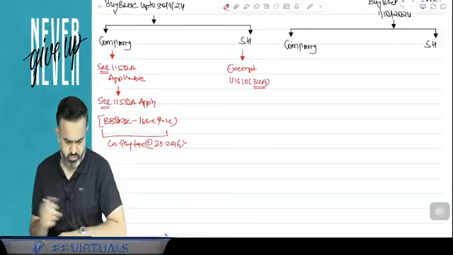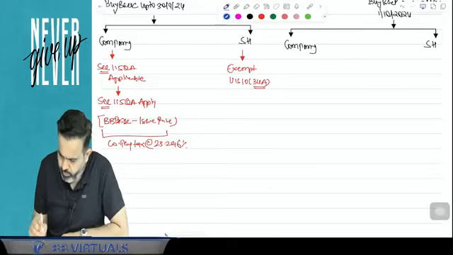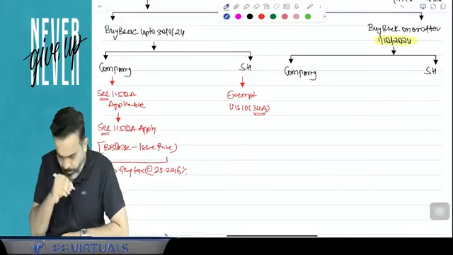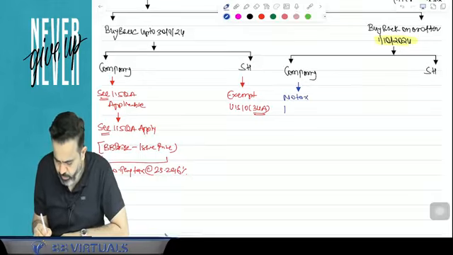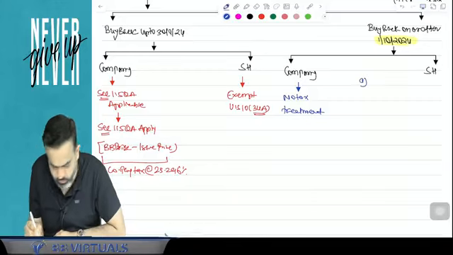Now guys, in the hands of the company, what will happen in case of a buyback on or after 1st October 2024? So for a buyback on or after 1st October 2024, in the hands of the company, there is no tax treatment. But in the hands of the shareholder, there will be two treatments.